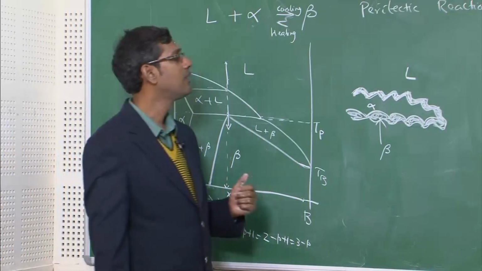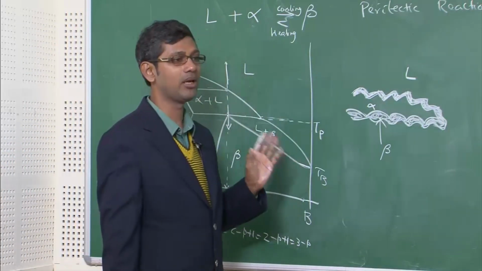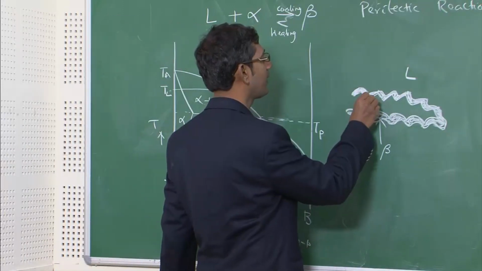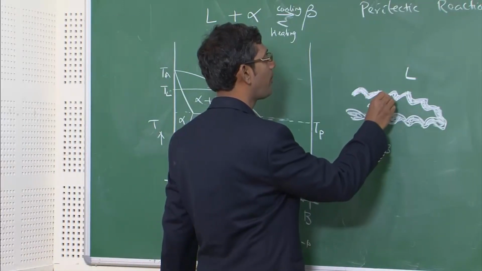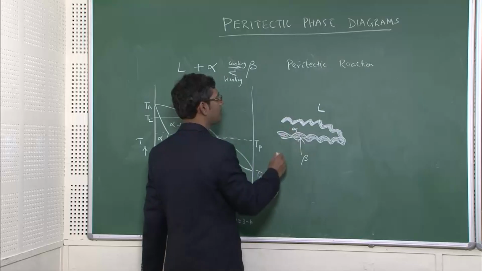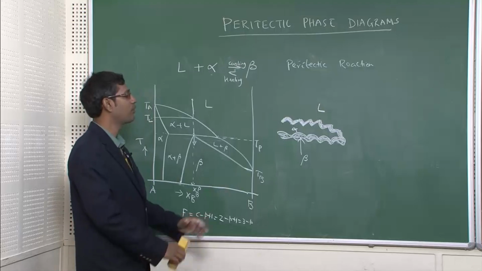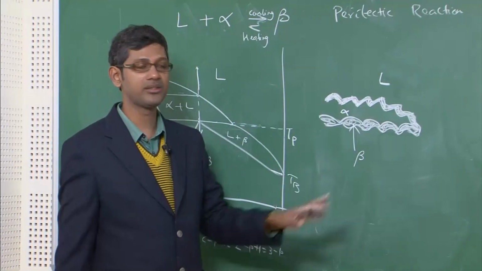What is that? Well, let us dwell a little bit on this matter. As you see here, I have formed a thin layer on the top of alpha, between liquid and alpha. So, direct contact between alpha and liquid is not there.